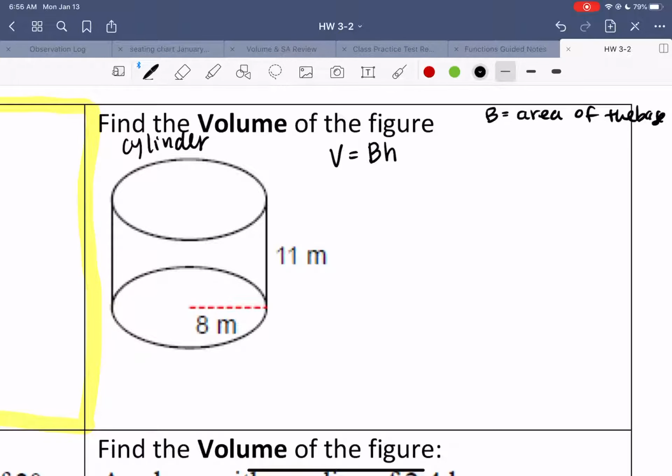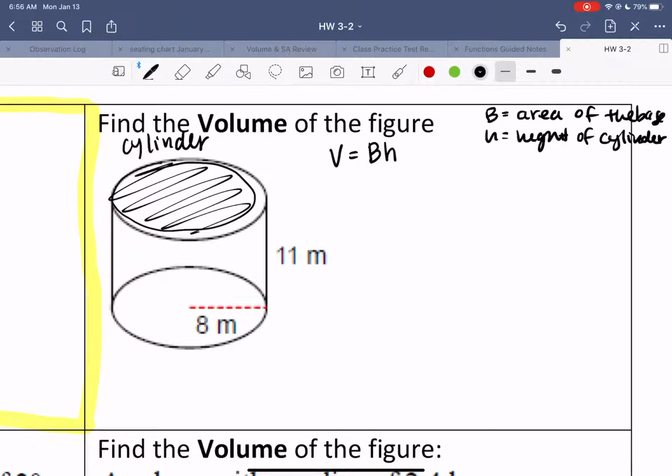And that H is the height of the cylinder. So from there, we'll need to determine what shape our base is, and in this case, our base is a circle with a radius of 8.